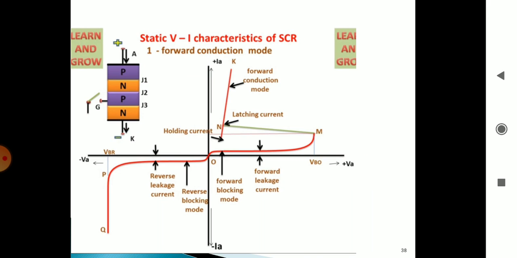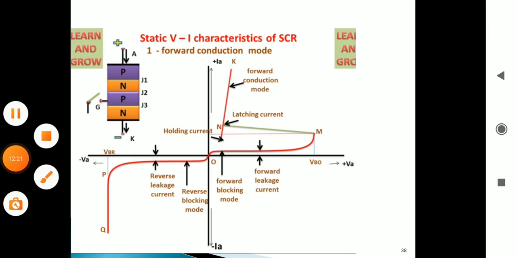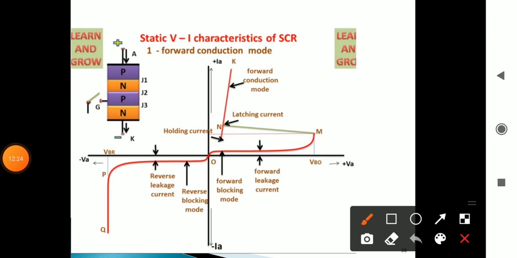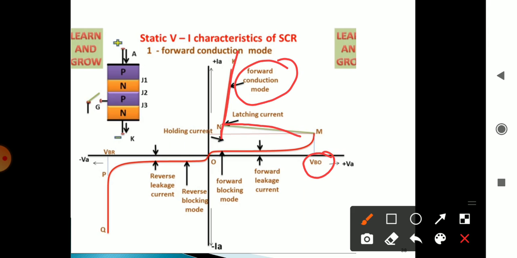If we keep on increasing the voltage VA, at the forward breakover voltage VBO, the junction J2 will be forward biased, a sudden decrease in voltage will take place and the SCR will start conducting.